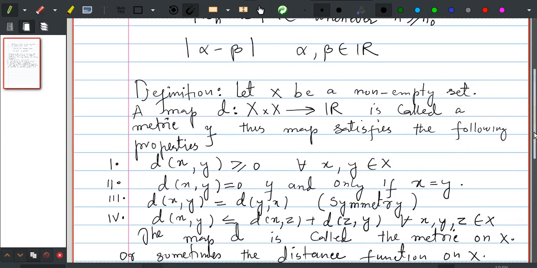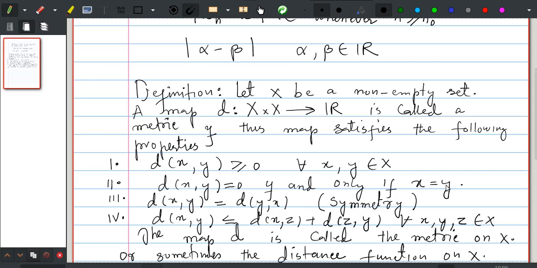If you look at the first condition, distance cannot be negative, so it is always either 0 or positive, and it is 0 only when the two points coincide, i.e. when x is equal to y. Similarly, if you measure the distance from x to y, that is the same as the distance from y to x, so there is no distinction.